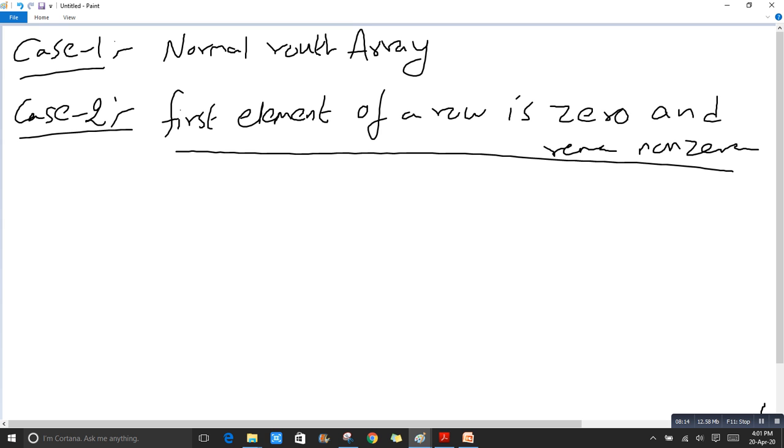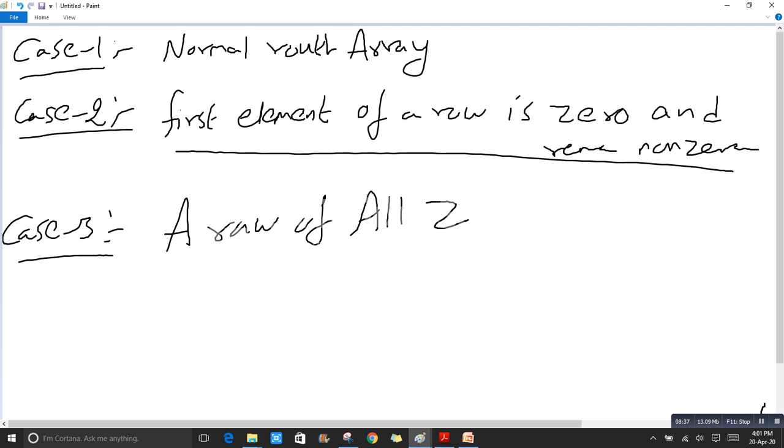Next, case 3 is a row of all zeros. That means all the elements of any row of a Routh array are zeros.